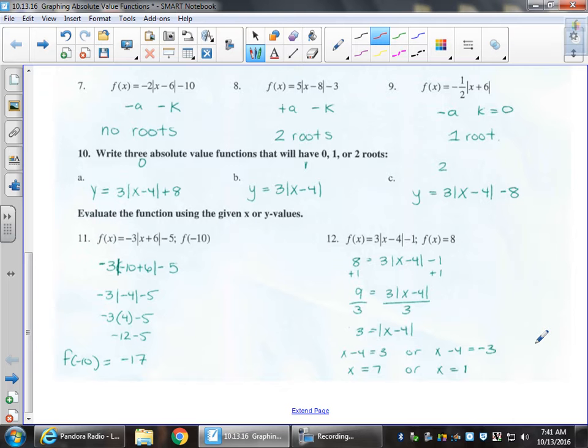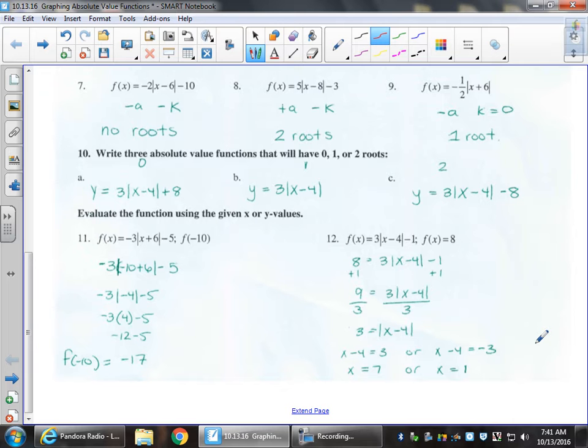So how many times will it cross the x-axis? Twice. Here I have a -1/2 for A, opening up or down? Down. What is the invisible plus K right here? +0. So that means the vertex is sitting where? Right on the x-axis. So how many intercepts is that? Just 1. So if you use words on 7, 8, and 9, I'm just as happy with that.